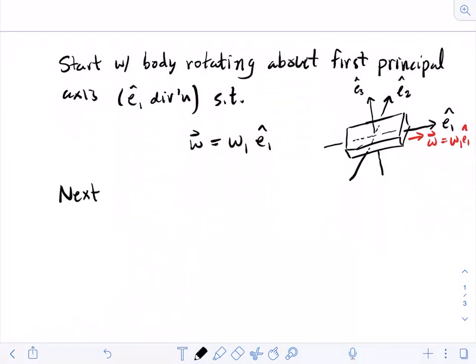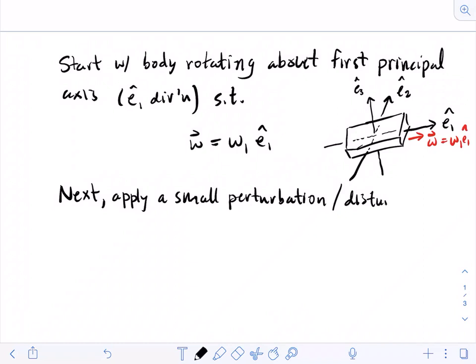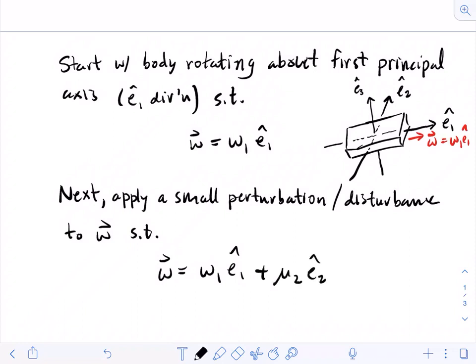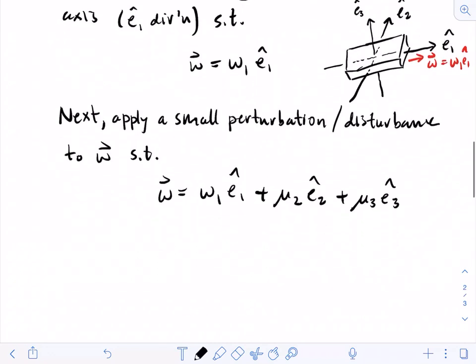So next, imagine that we apply a small perturbation, or a small disturbance, to omega such that we still have our dominant rotation about the E1 hat axis, but we allow for some small contributions along the two other principal axes, where we're going to make mu2 and mu3 both much less than omega 1.